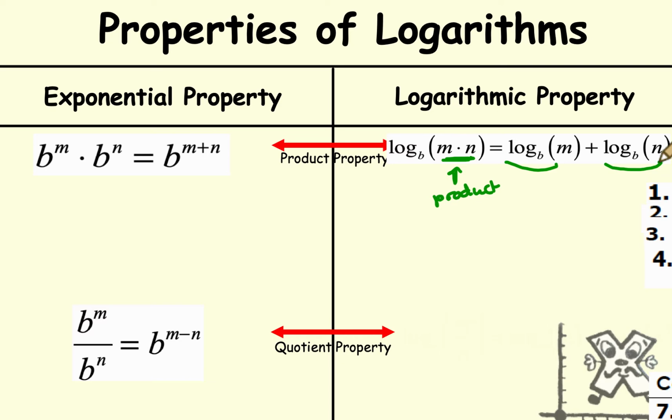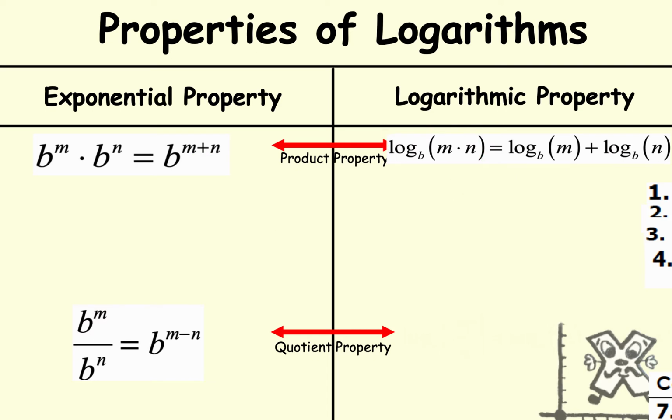It says that if you're taking the log of a product, you can write it as two separate logarithms, in other words, two separate exponents that are being added together.